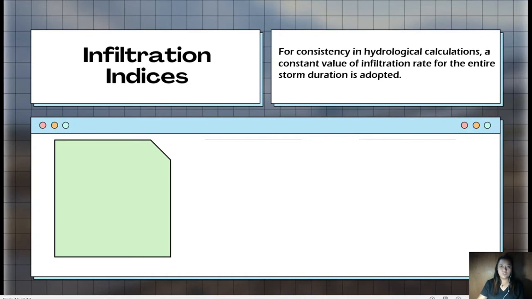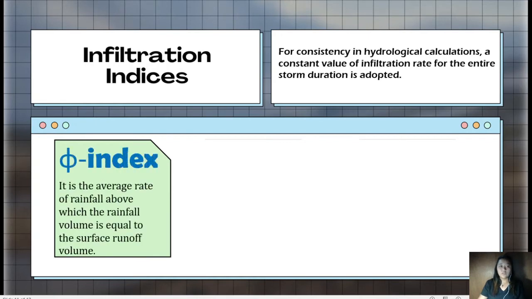So for infiltration indices, there are three types. The first is the phi index. It is the average rate of rainfall above which the rainfall volume is equal to surface runoff volume.